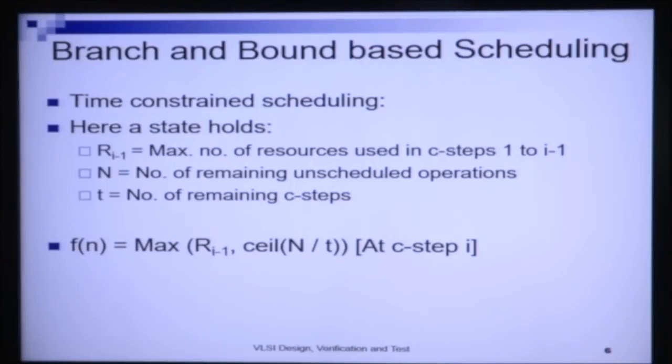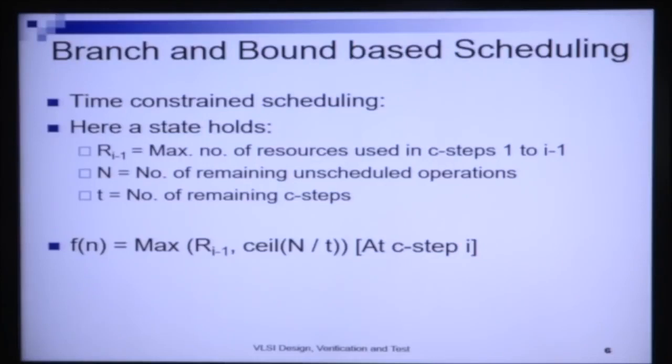We store the maximum number of resources that I have consumed in steps 1 through i minus 1. So we take the same simplistic assumption that I have one type of resource, 3 instances of that type of resource, and everybody has a delay of 1.